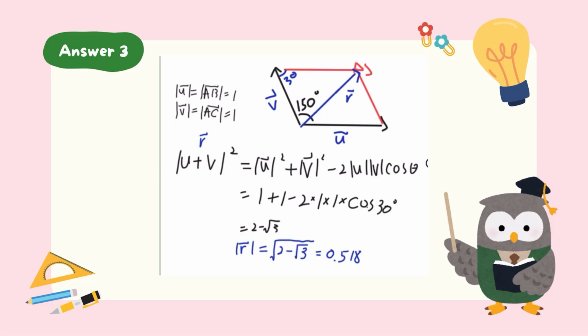We need to use the cosine law calculation. Basically the magnitude of u plus v squared equals u squared plus v squared minus 2 times magnitude of u times magnitude of v times cosine theta, which equals 1 plus 1 minus 2 times 1 times 1 times cosine 30 degrees, which equals 2 minus square root of 3.